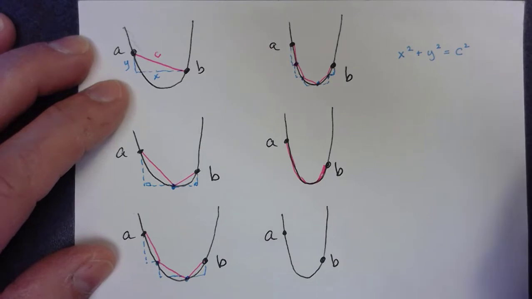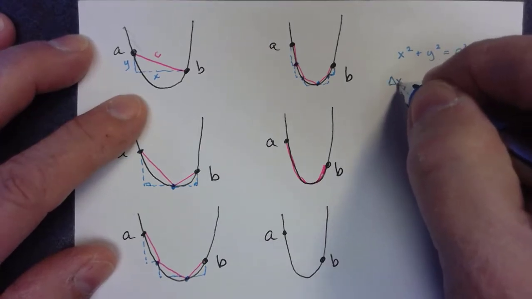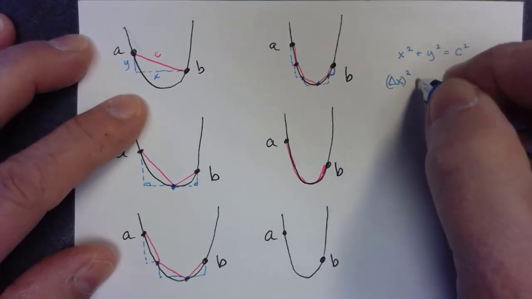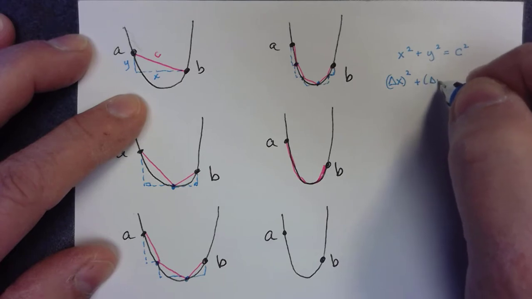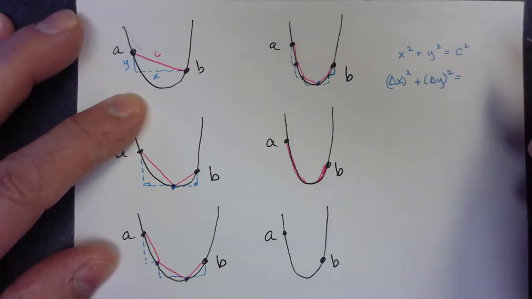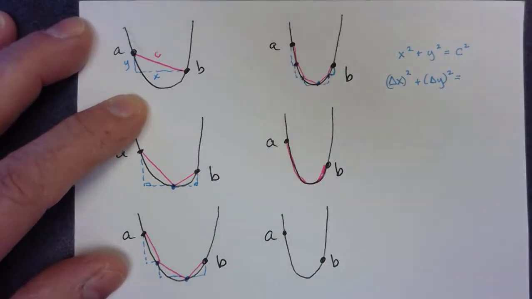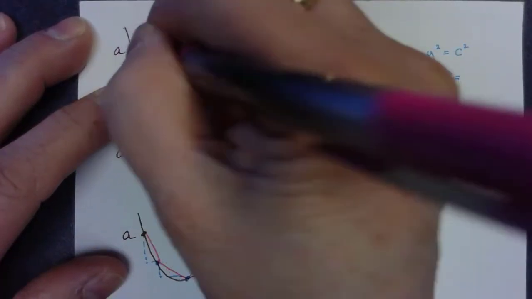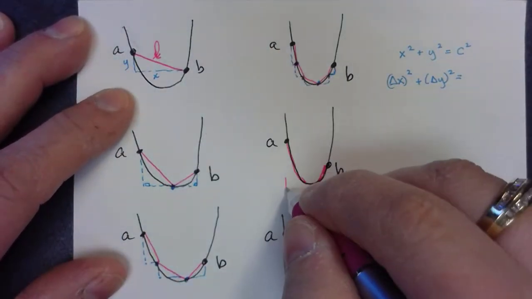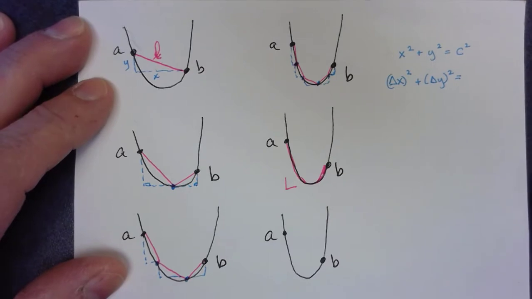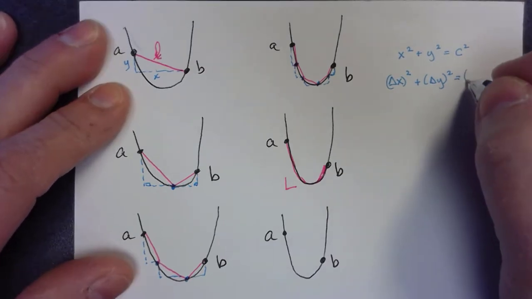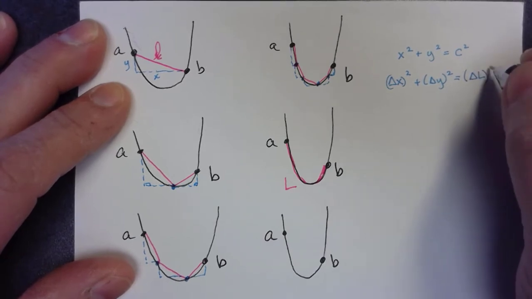Really, we want to think about this as delta x squared, the change in x squared, plus the change in y squared equals, instead of c, let's call it L, because we are trying to approximate L, the length of our arc. So we'll call this the change in L squared.